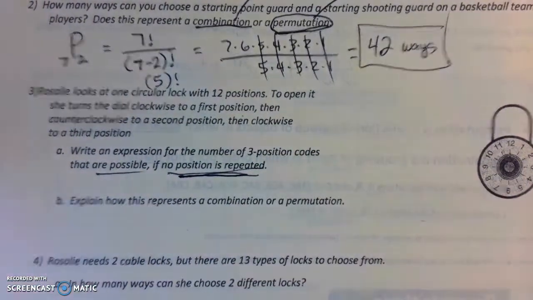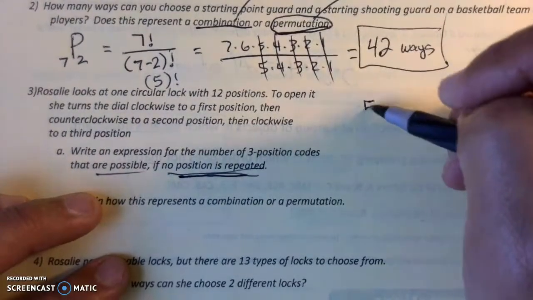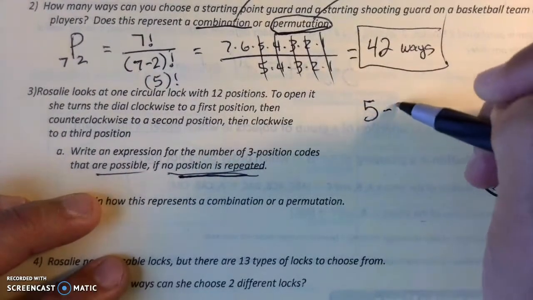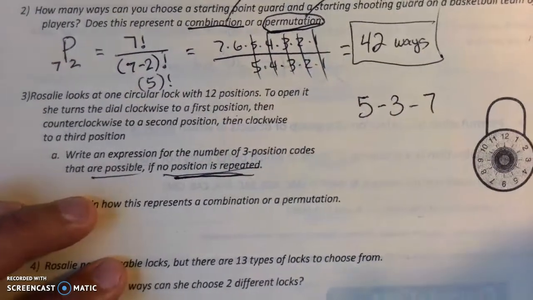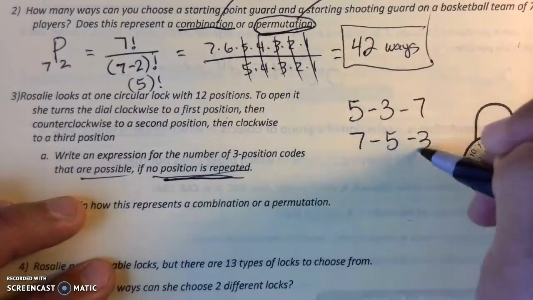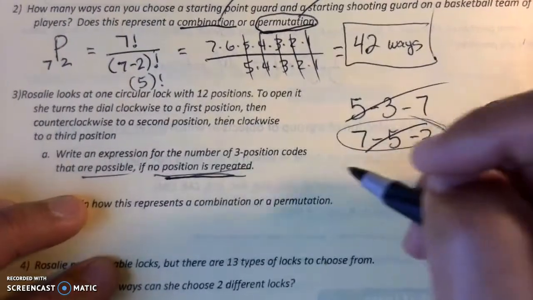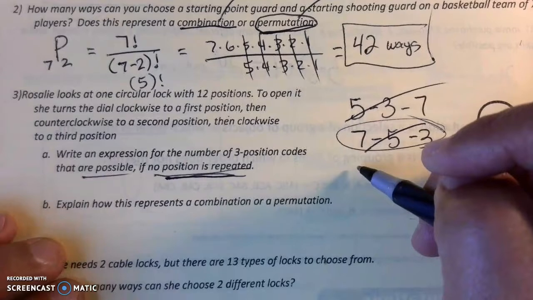And this is order important. It's basically you're asking, is the combination 5 one way, 3 another way, and 7 one way, is that the same as 7, 5, 3? Would this open the lock? Well, no. So order is important, and that makes it permutation.